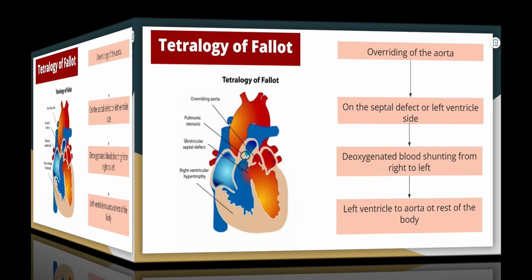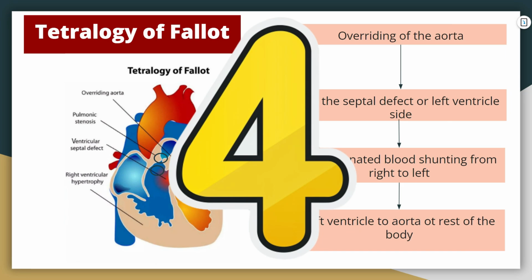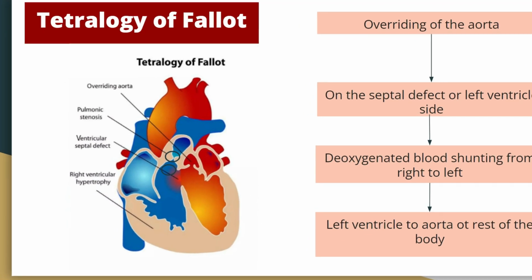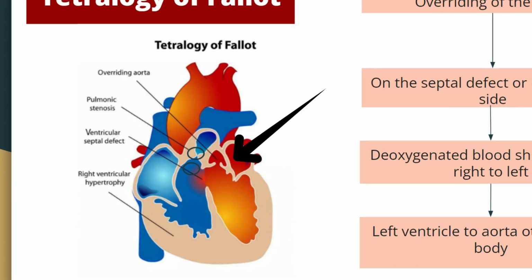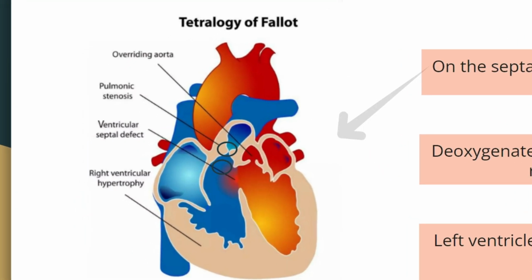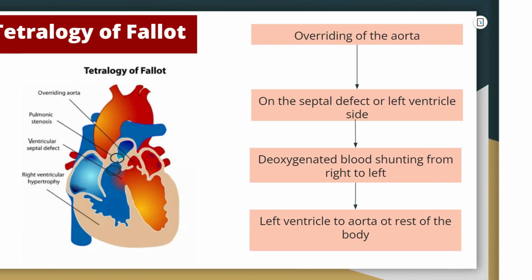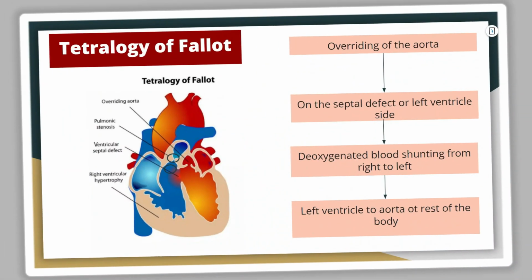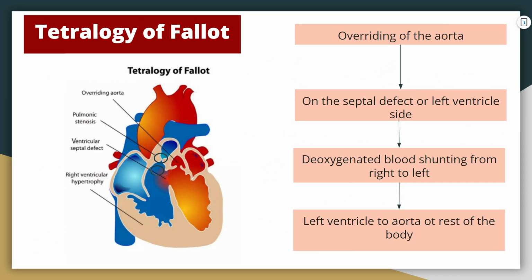The fourth and final feature is that the aorta overrides the VSD, and this one is super variable. Sometimes the aorta sits on top of the septal defect, and sometimes it is more on the left ventricular side. Either way, deoxygenated blood is shunted from right to left and then flows to the left ventricle and immediately out. The critical feature of tetralogy of Fallot is the degree of RVOT, right ventricular outflow tract obstruction.